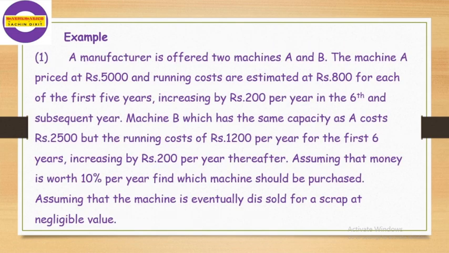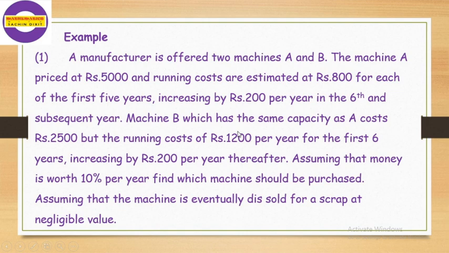Example: a manufacturer is offered 2 machines A and B. Machine A is priced at rupees 5,000 and running costs are estimated at rupees 800 for each of the first 5 years, increasing by rupees 200 per year in the 6th and subsequent years.